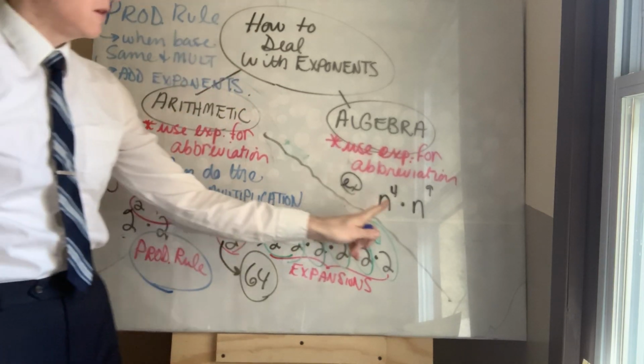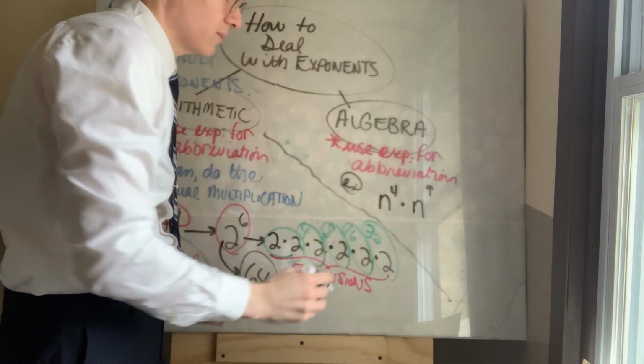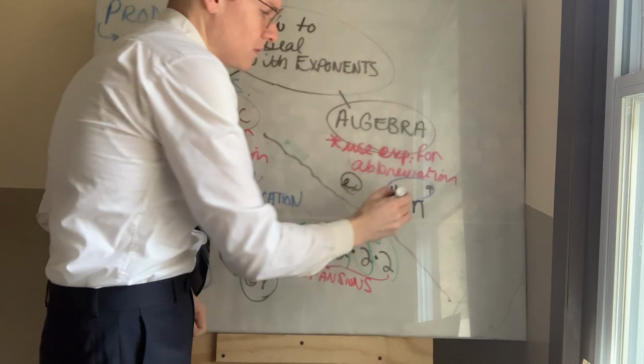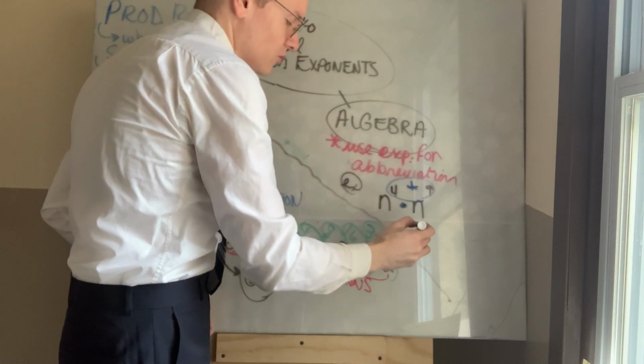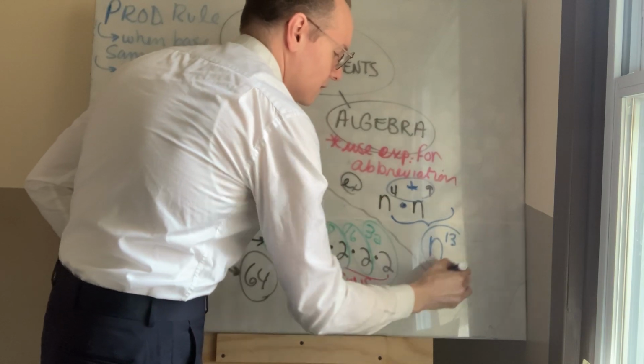So, these bases are n in this case using a variable. It's more algebra than it is arithmetic. And they're being multiplied, hence the dot. So you add these exponents to abbreviate. And you have n to the 13th.